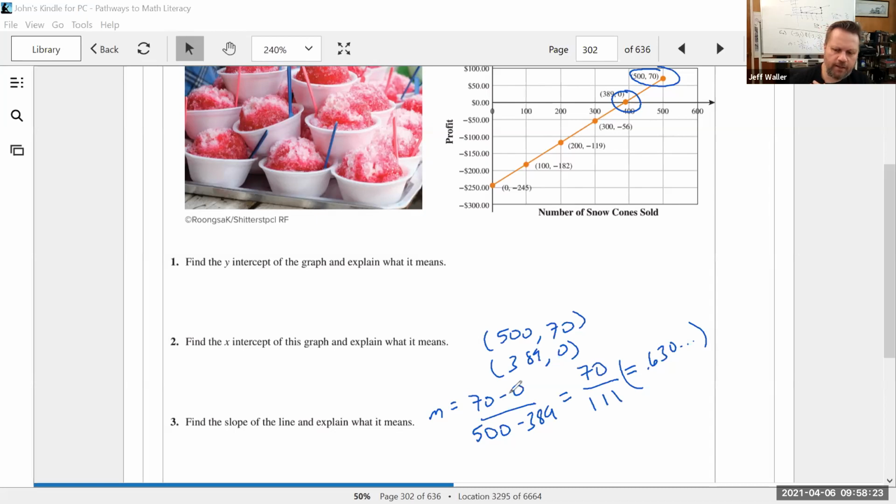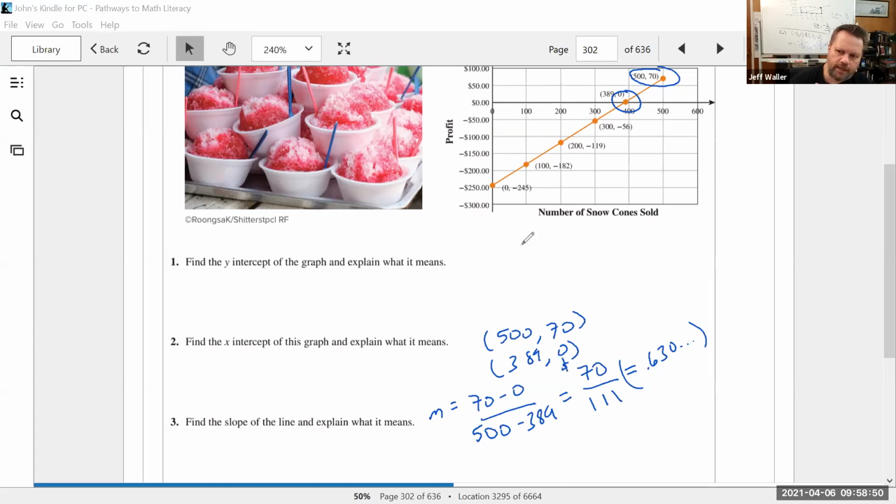So help me out here. What are the units on this slope? This is where people freak out a little bit, but what's the y-axis? What units do these have? What's the y-axis? That's snow cones. Is that a unit? No. Y-axis. Dollars. It's dollars.